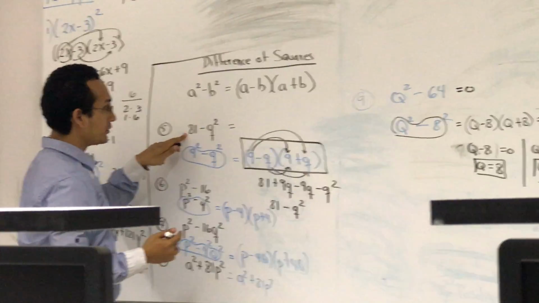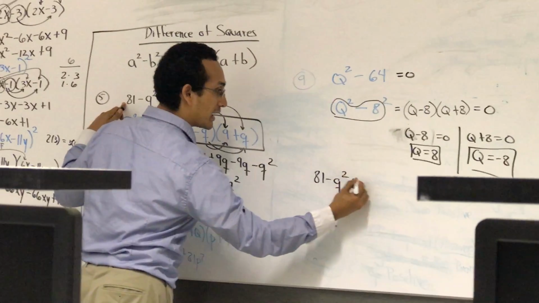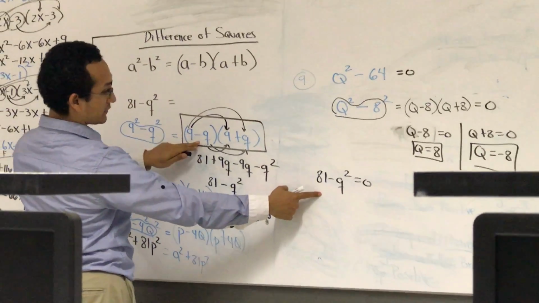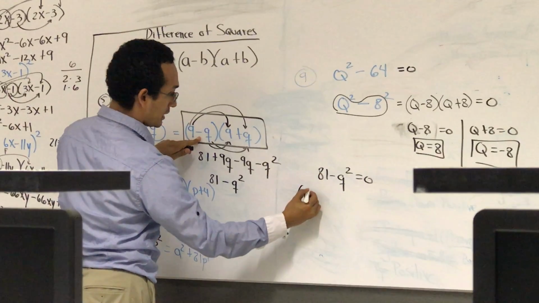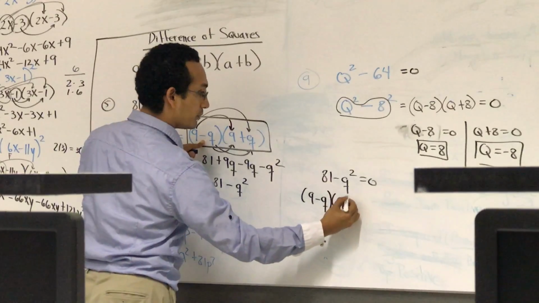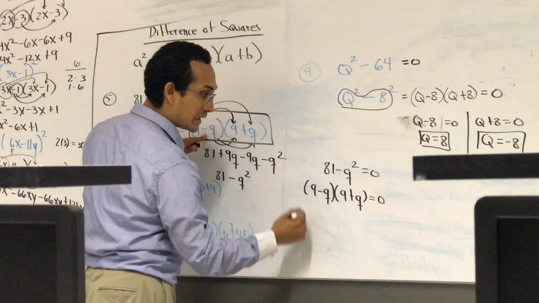If they were to have given you, for example, 81 minus q squared equal to 0, you first convert this into 9 minus q, 9 plus q, which is your answer. And now you set each of them equal to 0.